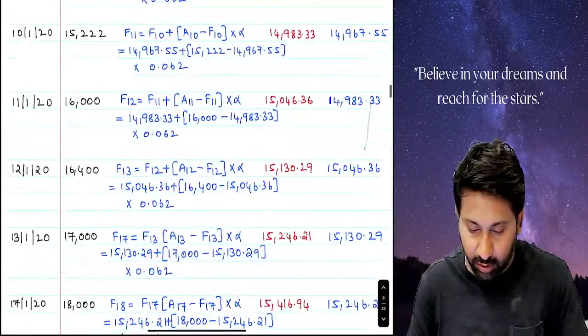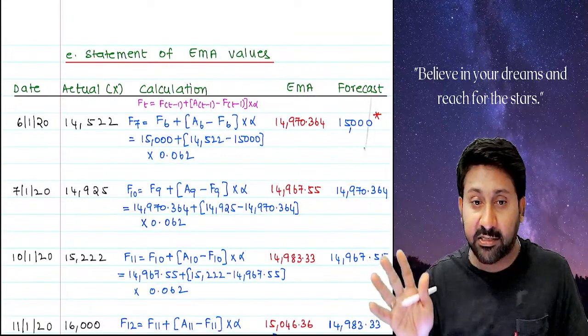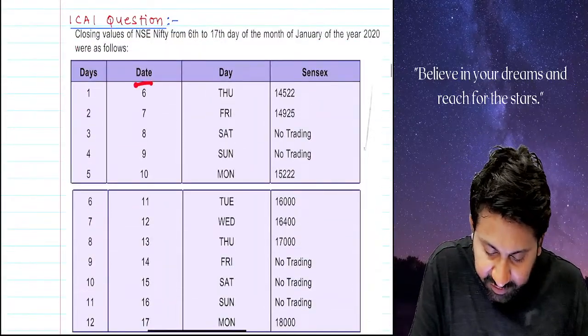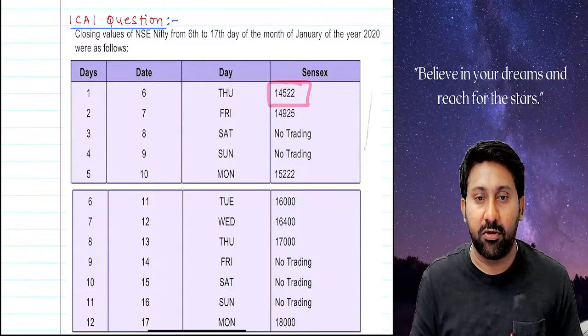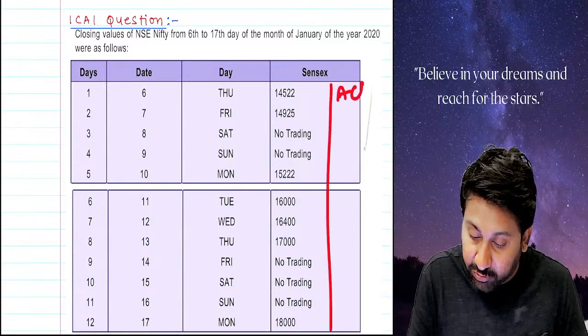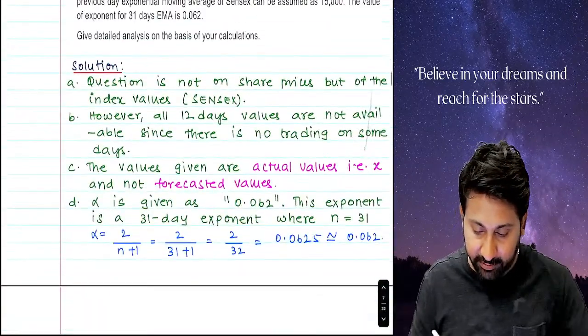Let us do it. How to do the answer? No calculations, nothing. Fast, let us come through the concept. Okay. First, which date are we in? Day 6. What is the Sensex? 14,522. These are all actuals that happened. See here.